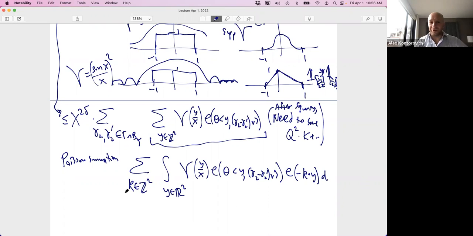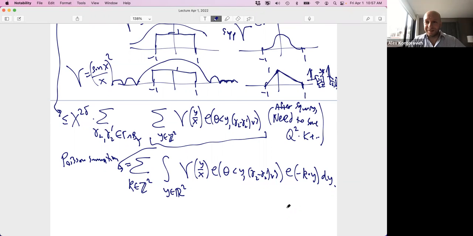So k is a pair of integers, y is a pair of real numbers. This is the kth Fourier coefficient of this function, and you can sum over all the integer values of it, or you can sum over all of the integer values of its Fourier transform, and those two things will be exactly the same. This is equal to that. That's Poisson summation, now in two variables instead of one. So far, so good.